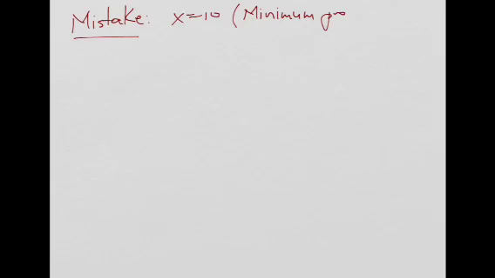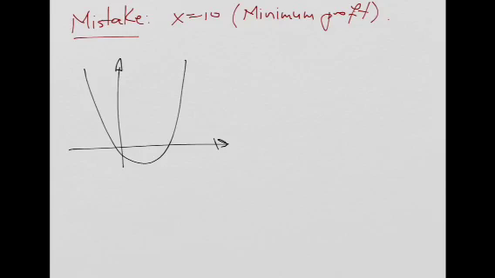So, what was I trying to say? The mistake that I was trying to emphasize is that this x equals 10 is actually giving you the minimum profit. And it has to do with these quadratics, right? Some quadratics point down, and some quadratics point up, right?